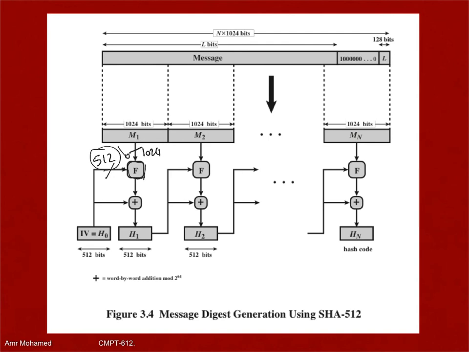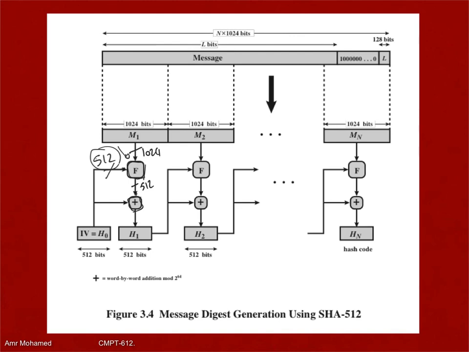In fact, this embedded function can be replaced by any other function; the standard doesn't dictate a certain function here. This function will output something of size 512. Clear? So this will get XORed or added to the previous hash.